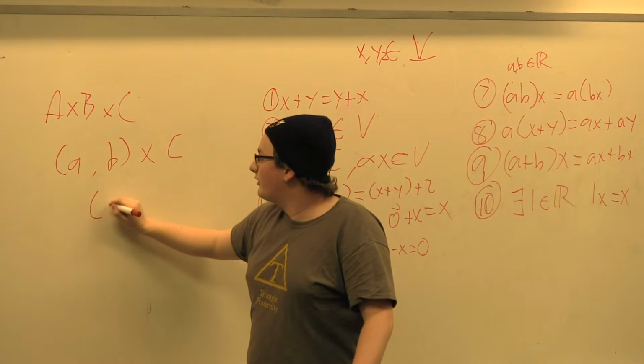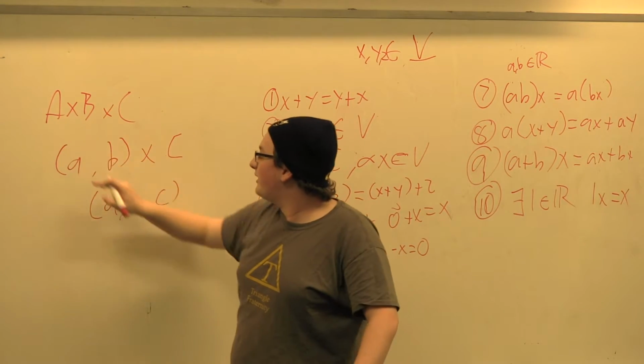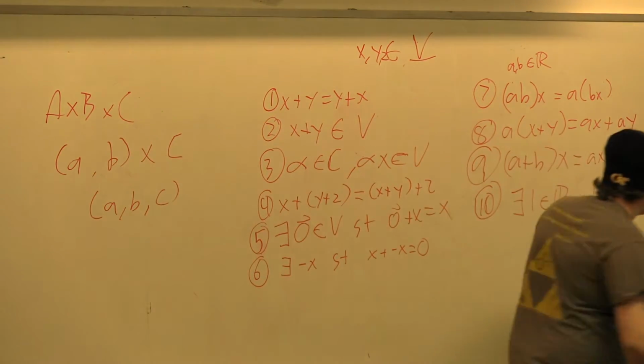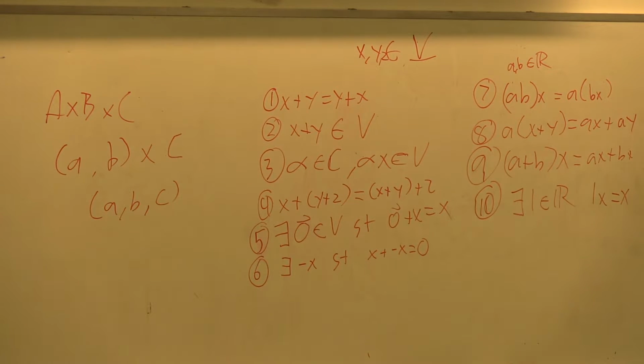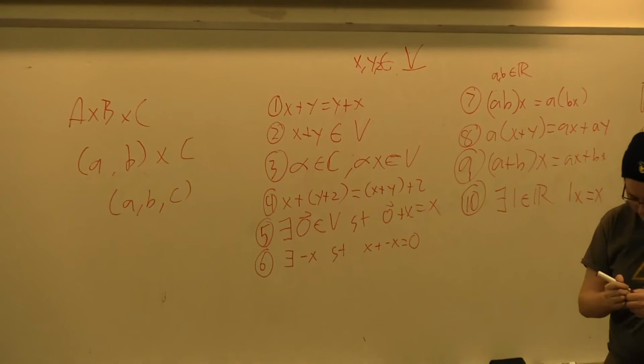So I now have a 3-tuple. And again, a is an element of A, b is an element of B, c is an element of C. And so that's what I mean here when I say Pn, Cn, Rn. Okay.